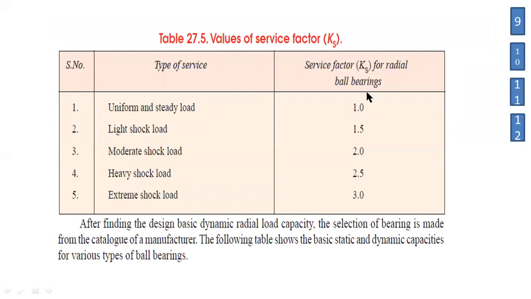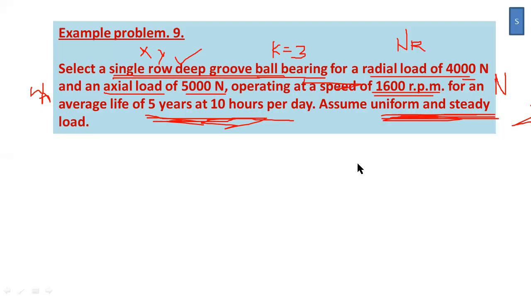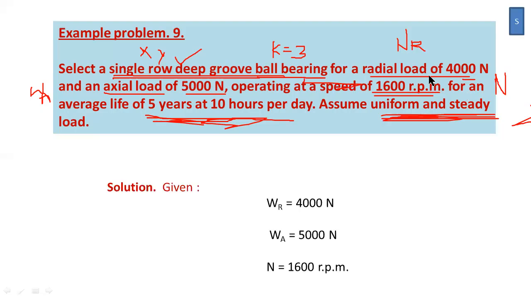For uniform and steady loads, you have to consider service factor Ks equal to 1. So these are the given data values: radial load WR equals 4000, axial load WA equals 5000, and speed of the shaft N equals 1600 RPM.